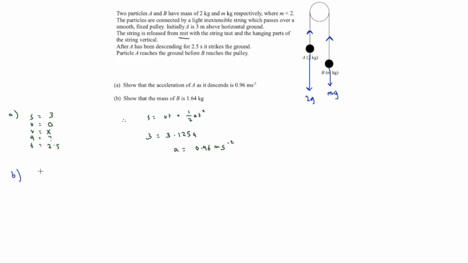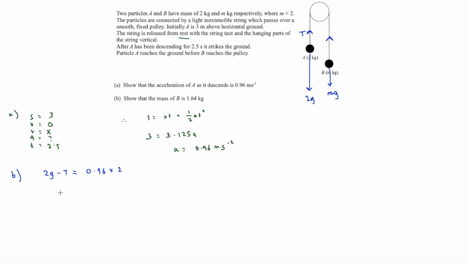But therefore, for B, we're going to say that 2g going down minus T, which is the tension in this one, so these are the vertical forces, is going to be equal to 0.96, which is the acceleration, times the mass, which is 2. That's because the resultant force, the force going down minus the force going up, is equal to mass times acceleration.